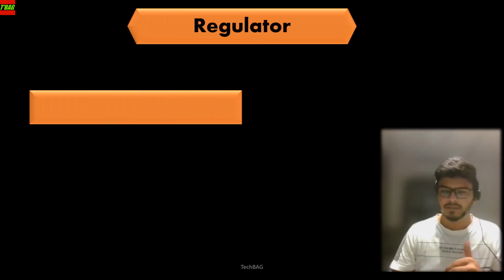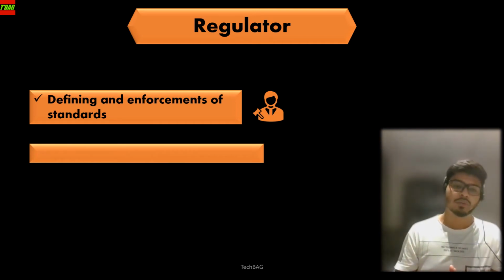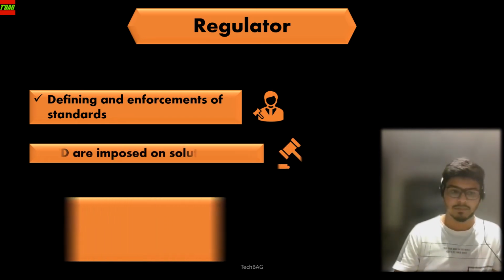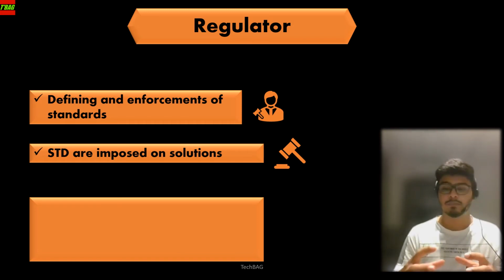The other stakeholder in the picture is a regulator. This is someone who deals with legals and standards. Defining and enforcement of standards is done by regulators. Now, what does it mean? When these standards are defined, they are imposed on the solution. So a regulator has certain standards, and those standards need to be imposed on the solution before handing over to the end user.